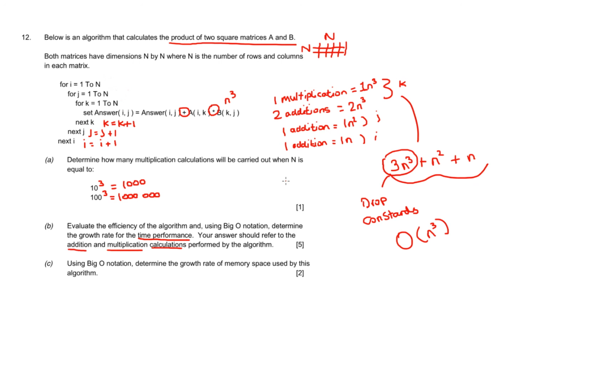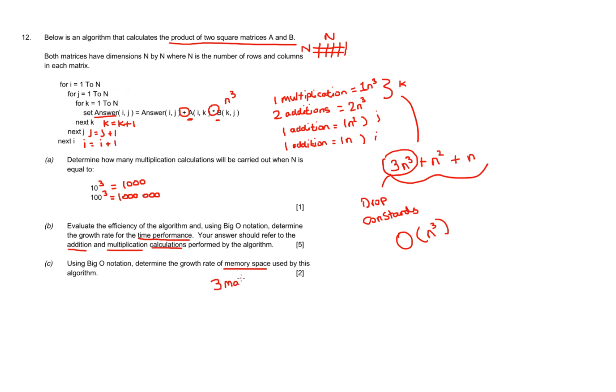And finally, part C. Using big O notation, determine the growth rate of memory space used by the algorithm. So the question stated that we know we're dealing with matrices that have dimensions n by n. So if you look inside the K loop, I'm actually setting answer ij to equal answer ij plus aik multiplied by bkj.